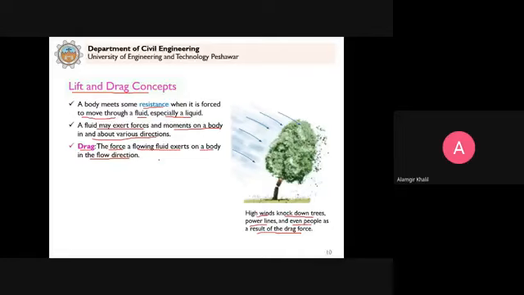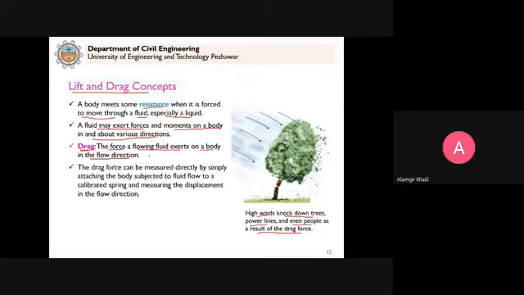So the force exerted by the fluid on a body in the direction of flow is known as the drag force. I will further highlight this by visual examples.